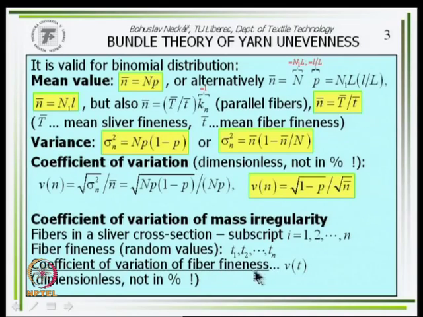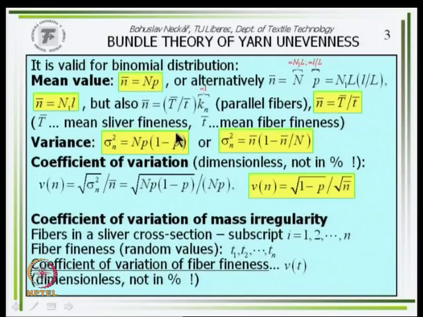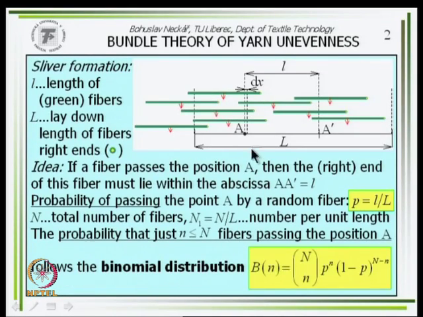The coefficient of variation of fiber fineness we will call Vt, variation of t, fiber fineness, dimensionless, of course. Let's now imagine our infinitesimally small distance dx in our scheme.